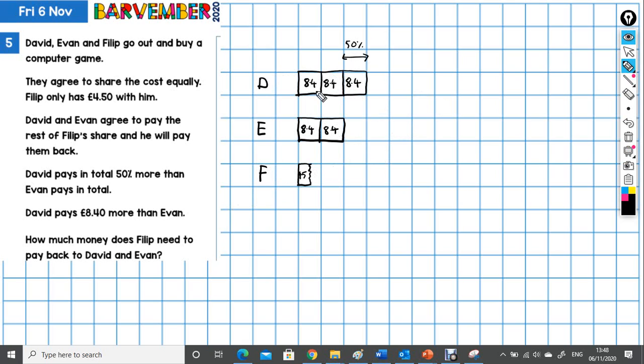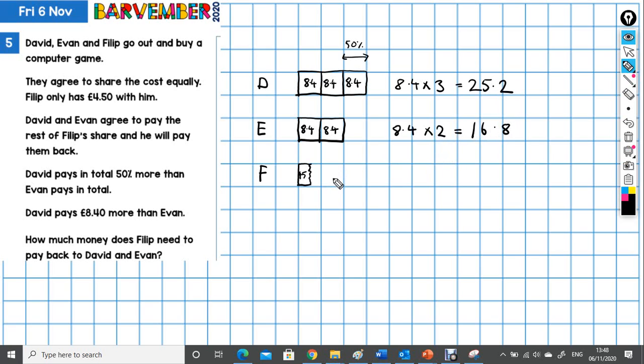We also need to know what each of them has paid. So for David, we've got 8.4 times 3, which gives us 25.2. And here we have 8.4 times 2, giving us 16.8.